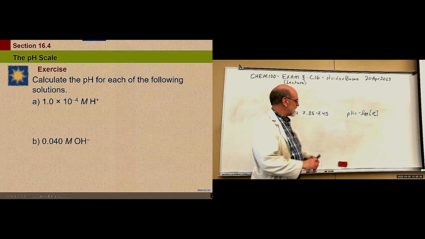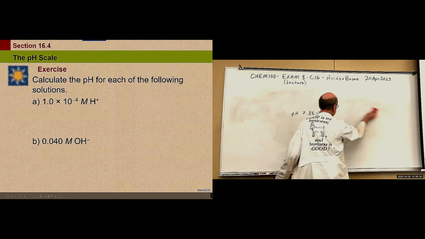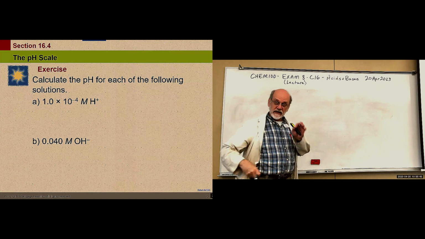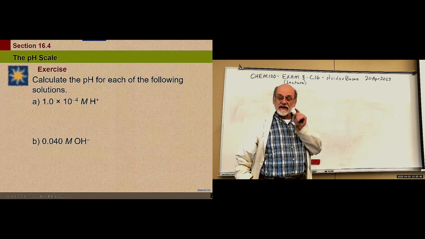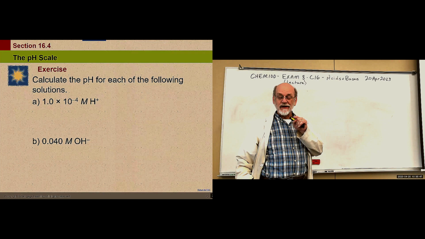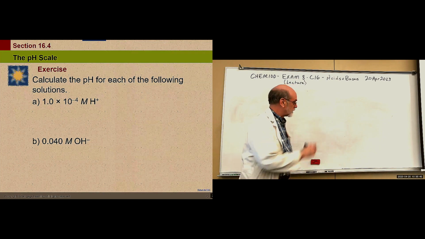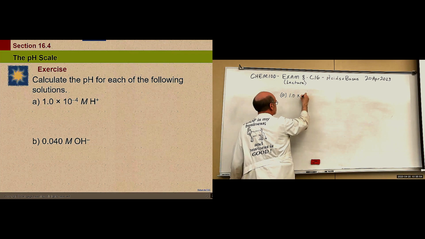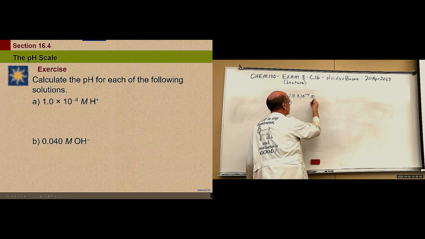So let's calculate the pH for each of these solutions. What do we need to know to calculate the pH? We need to know the hydrogen ion concentration. So for the first one, that's easy. It's given to us. 1 times 10 to the minus 4 molarity.